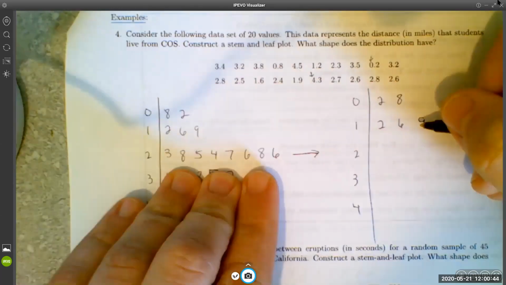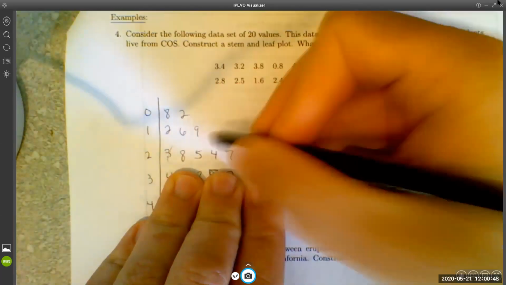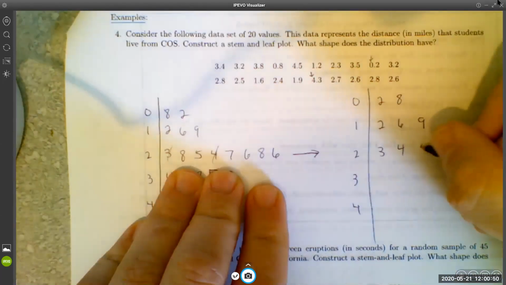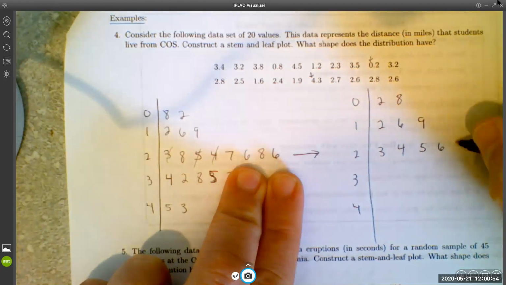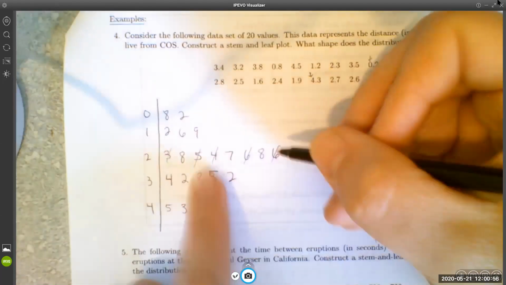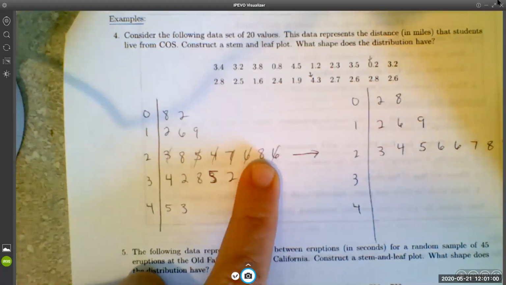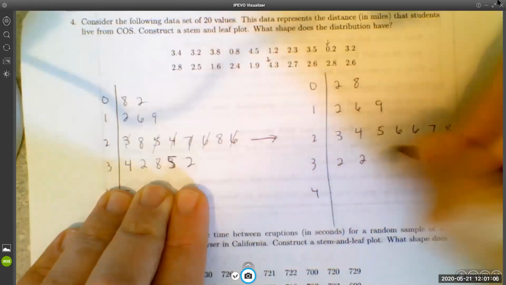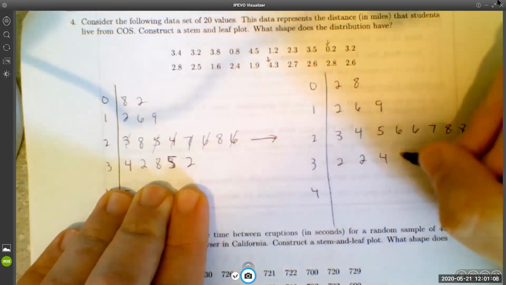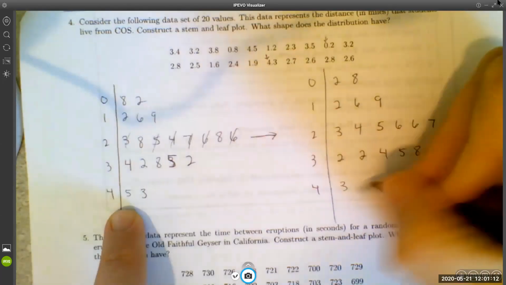This one I need 3, 4, 5, a couple 6s, a 7, and then a couple 8s. And this one I have 2, 2, 4, 5, and 8. And this one I have 3 and 5.